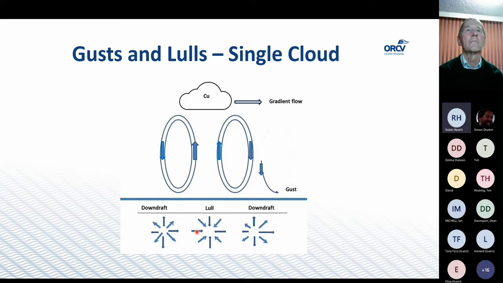When you get to the front of this system, you get the plus of the speed plus the strength of the downdraft round the cloud, so you get a much bigger gust in the front.